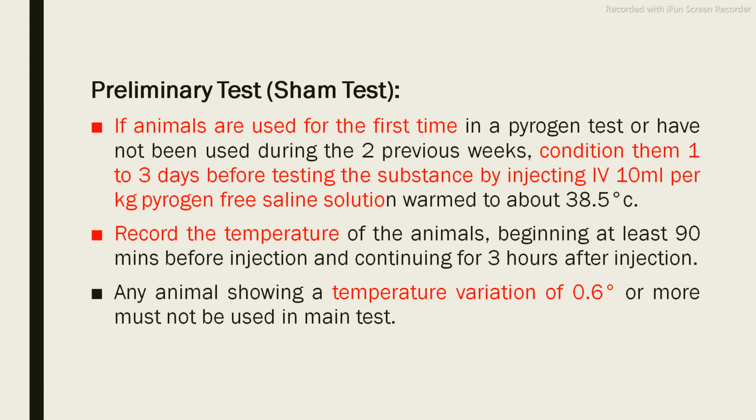After injecting pyrogen free saline solution, the body temperature should not rise more than 0.6 degrees Celsius. If there is a rise of more than 0.6 degrees Celsius in any animal, that animal will be discarded and not used for the main test.